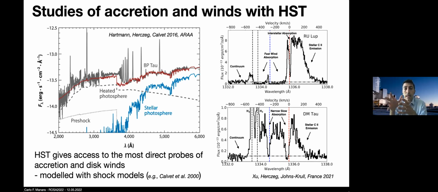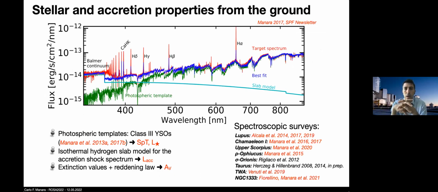And at the same time, they studied the absorption and emission lines present and emitted from hot gas in the UV that can trace the winds arising from the inner part of the disk. In other cases, people, including myself and other colleagues, mainly here in Europe, have used ground-based spectra, usually mid and high resolution spectra, for example, from the VLT X-shooter instrument, to measure the broadband spectra of these young stars and measure the mass accretion rate with simpler models, for example, slab models to reproduce the accretion of the central star.